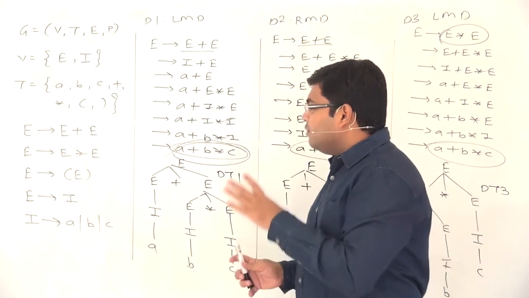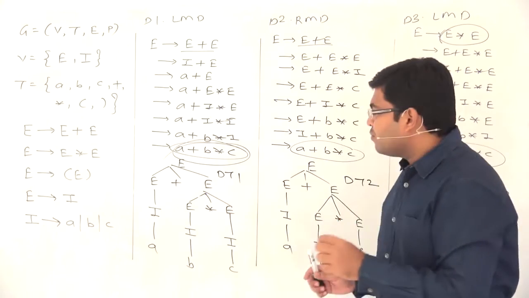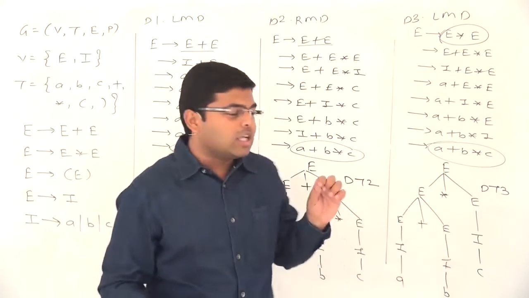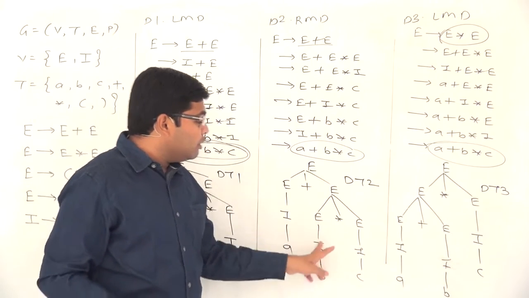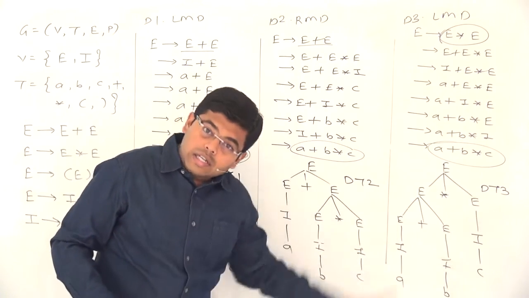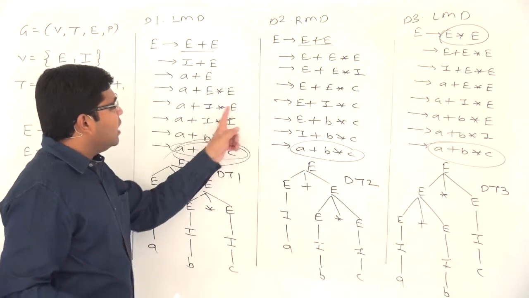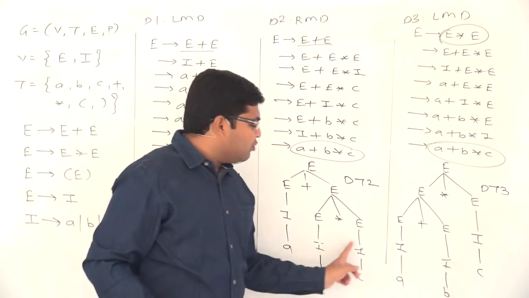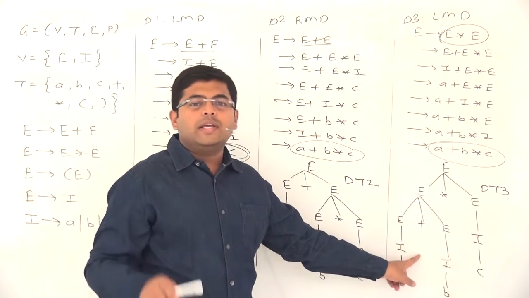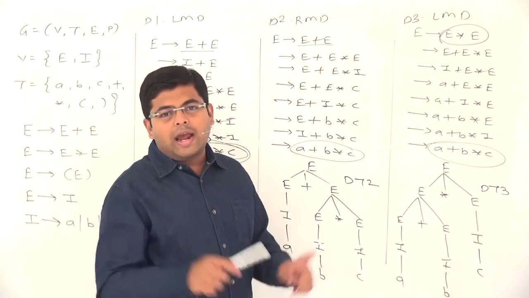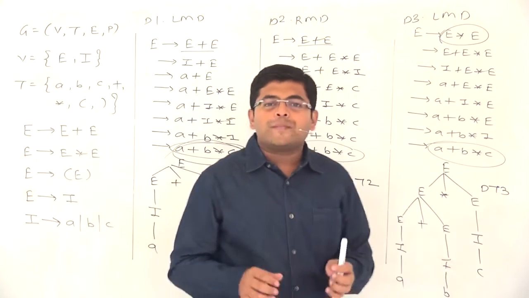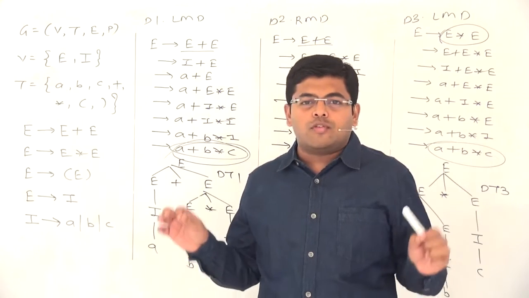See, we are defining ambiguous grammar not on the basis of different derivations, but on the basis of different derivation trees, because different derivations do not mean different structures. However, different derivation trees mean different structures, and different structures mean different derivations. So let us be very clear with the definition of ambiguous grammar.